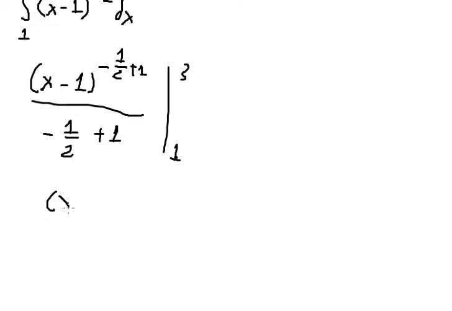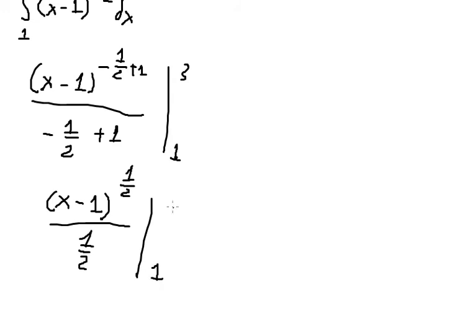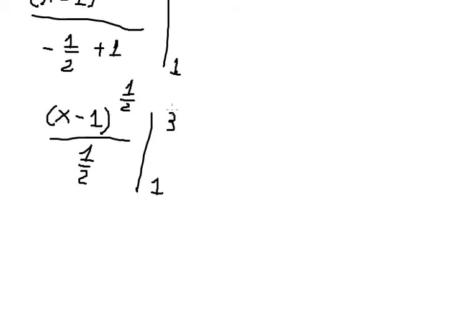So you get (x minus 1) to the power of 1 over 2 over 1 over 2, with the bounds from 1 to 3. Now we put 3 here and 1 here.